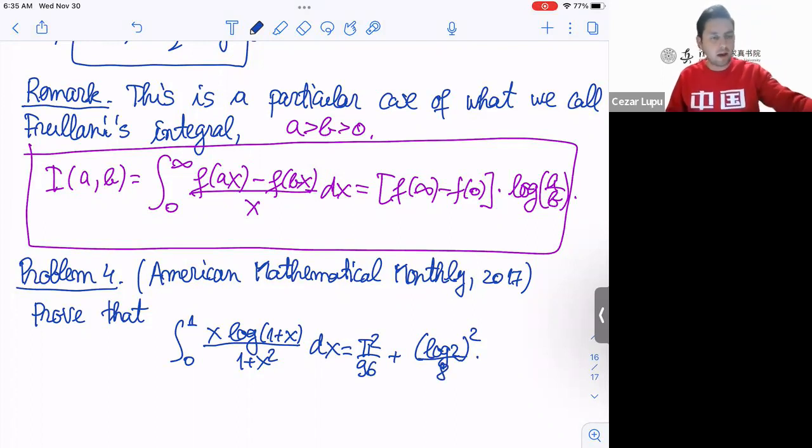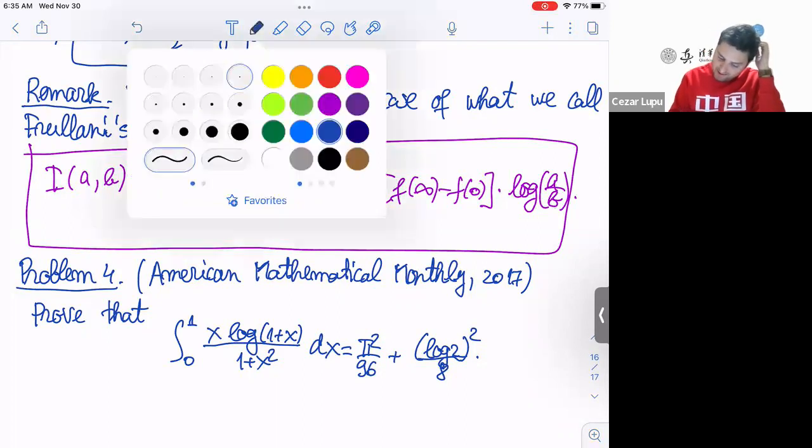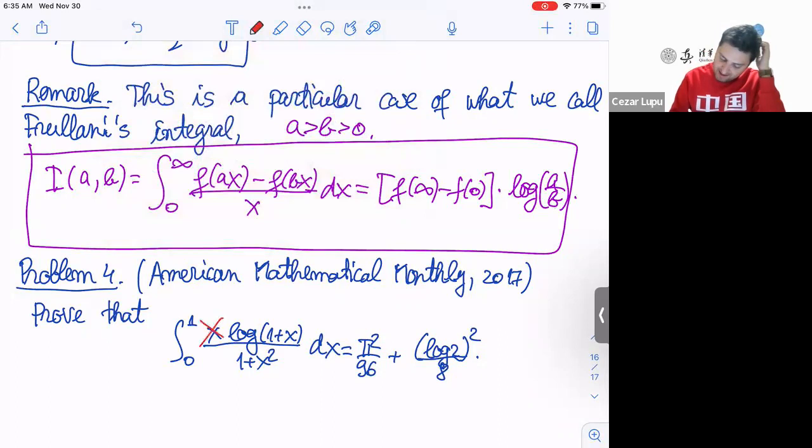You see, this problem is very related to that Putnam problem from 2005. Remember, there was no x here. This x was canceled.